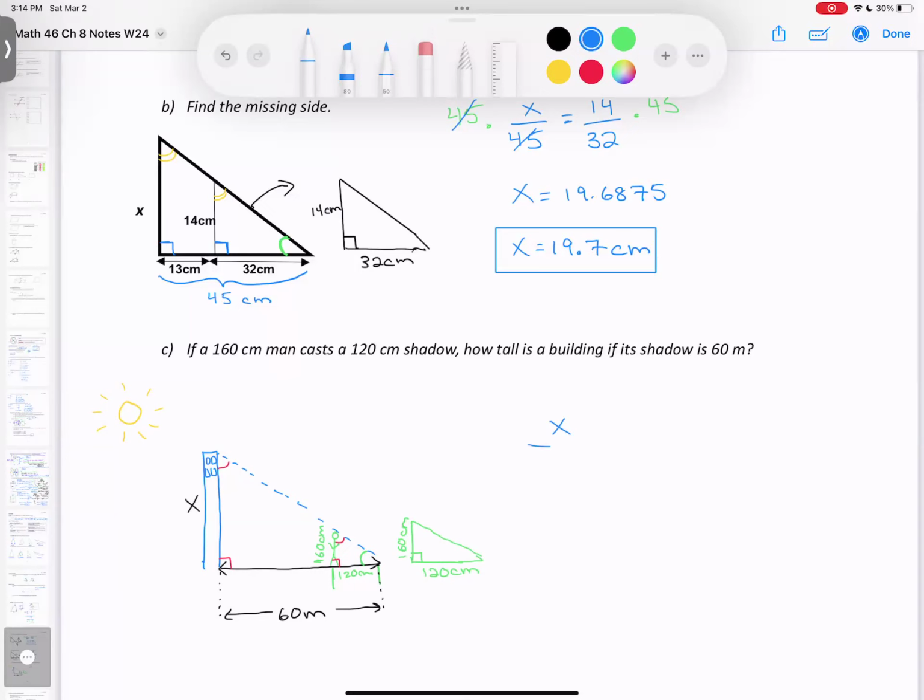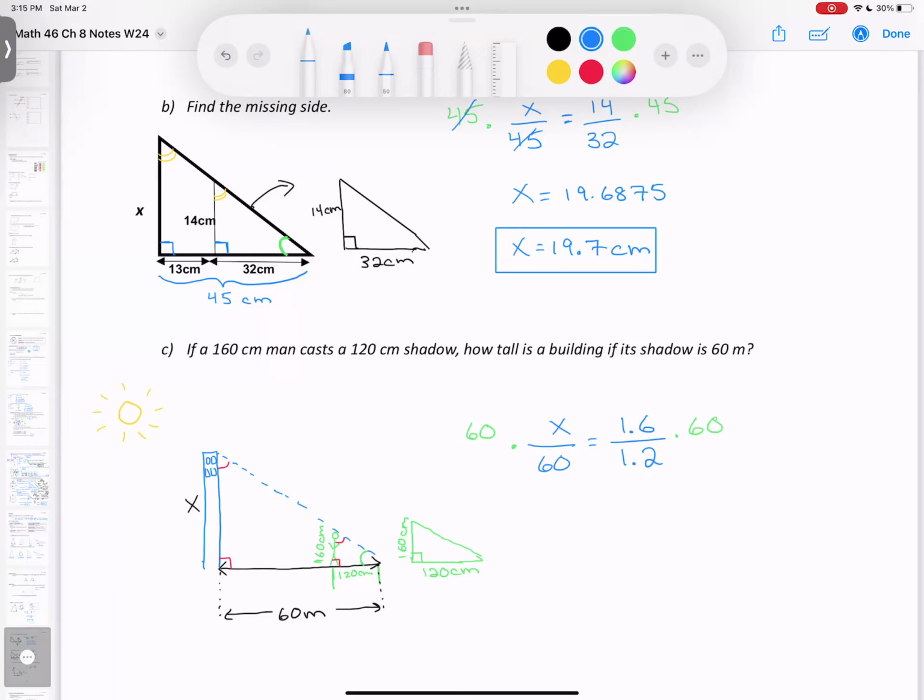So we've got X over 60 equals, 160 centimeters is 1.6 meters, over 1.2. If you don't make that conversion, you'll see you get the same answer, but I think for simplicity, it's easier to do the conversion.